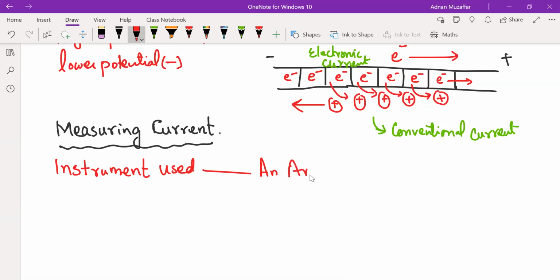The symbol for an ammeter is a circle in which A is written.